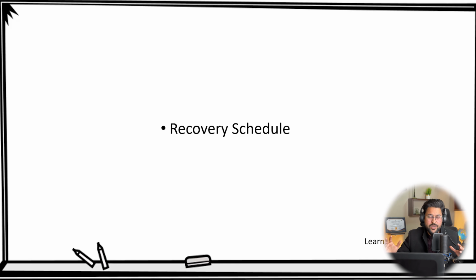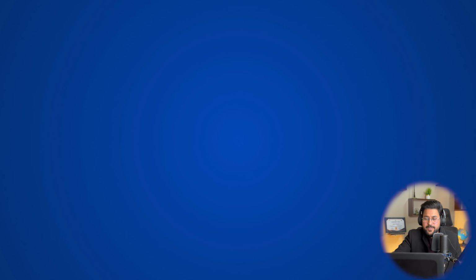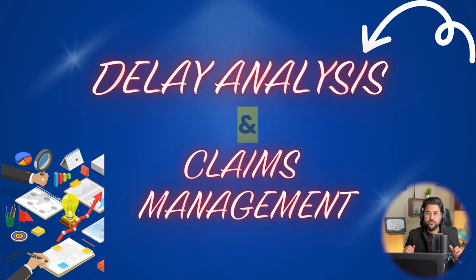We need statistical data, we need progress reports, we need risk management data, we need the responsible remarks on why we got behind. Okay, we need to develop the logic, we need to play with global change, we need to play with out of sequence activities, right? And delay analysis and claims management.